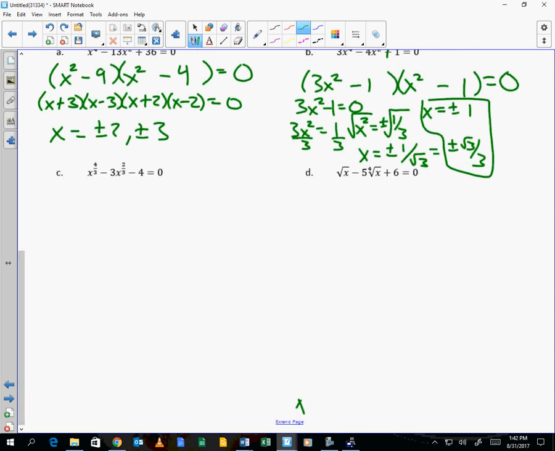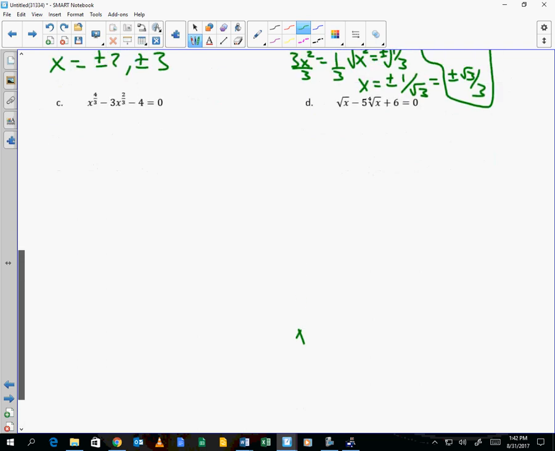And just when you thought your teacher couldn't get any meaner, they throw in fractions. What times what is x to the 4/3?